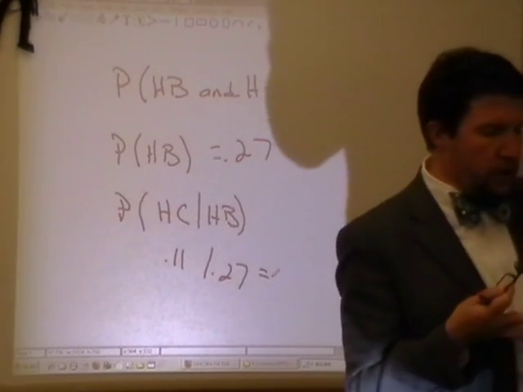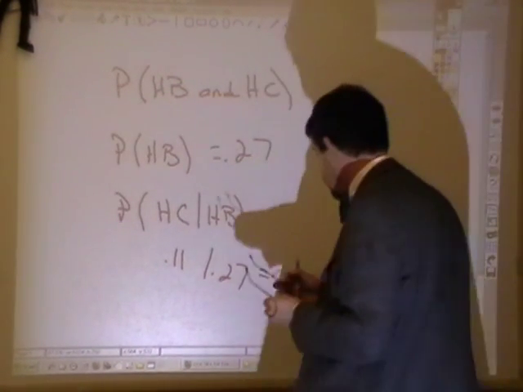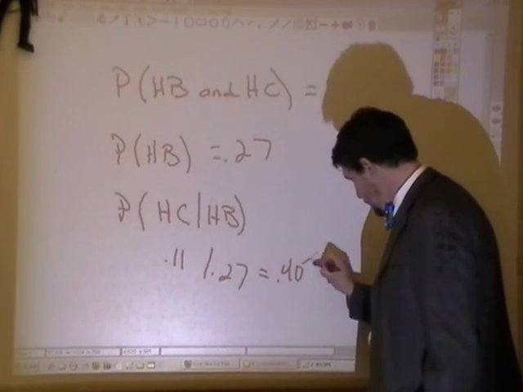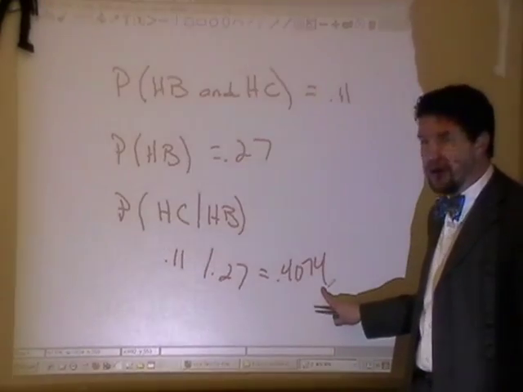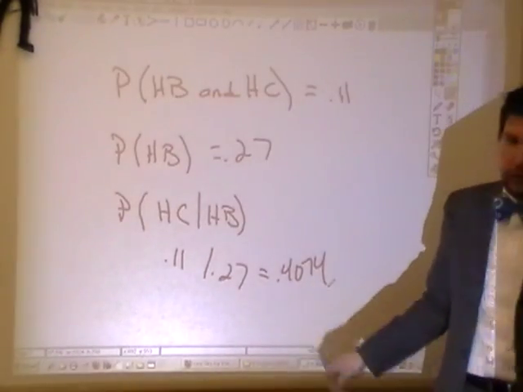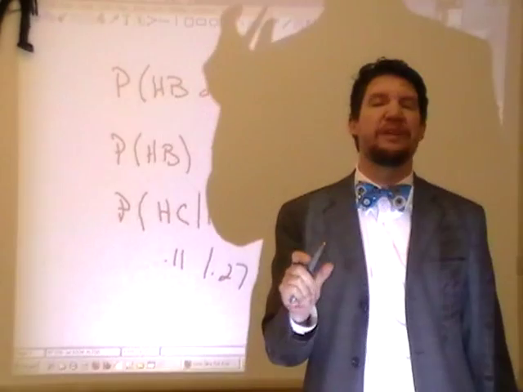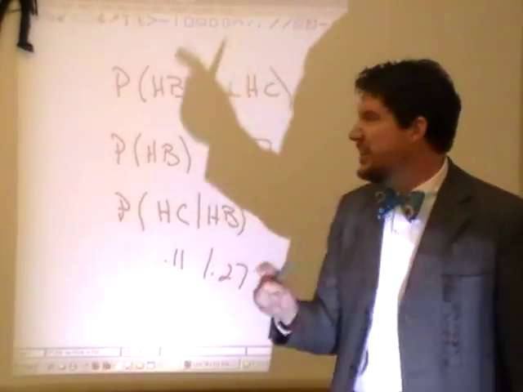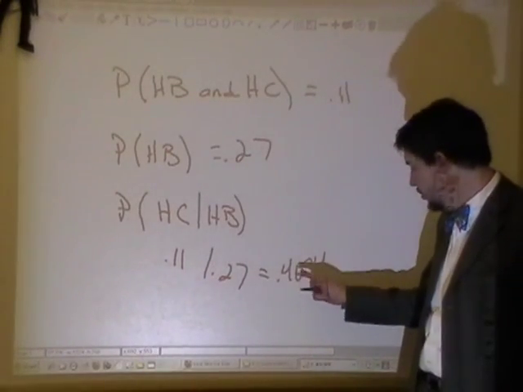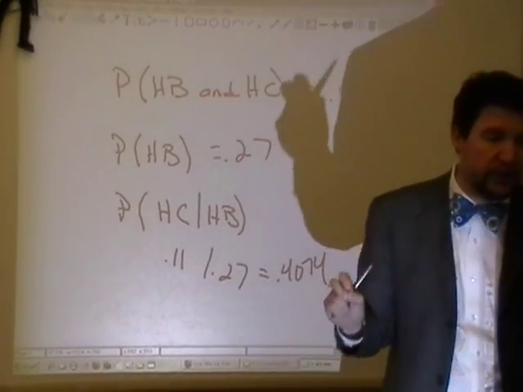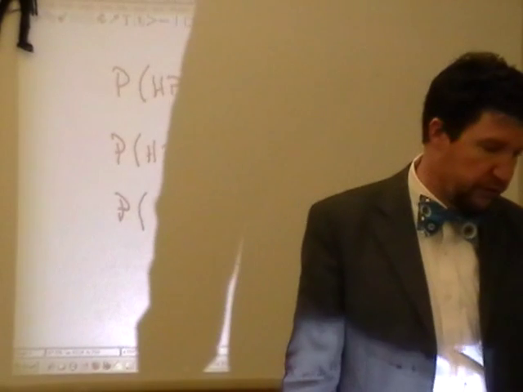It's 0.4074. And again, we're going to 4 decimal places because probability is listed as 4 decimal places, as in the Z table. So the probability is 0.4074.